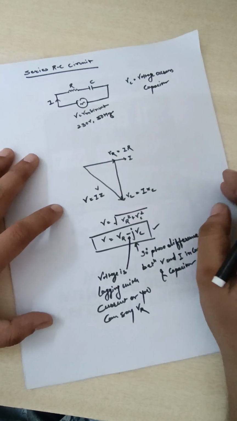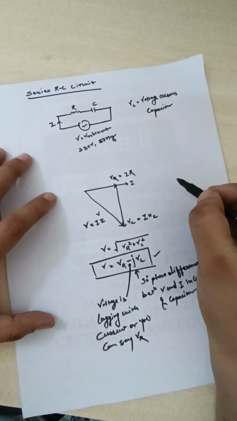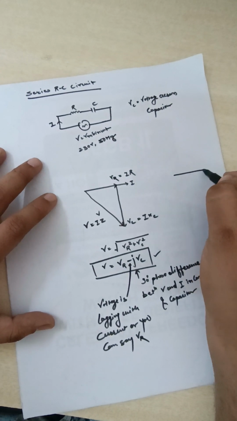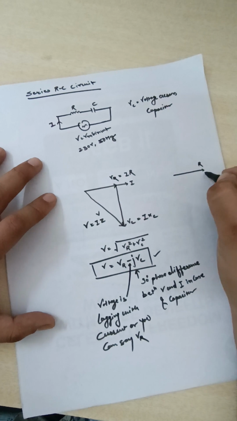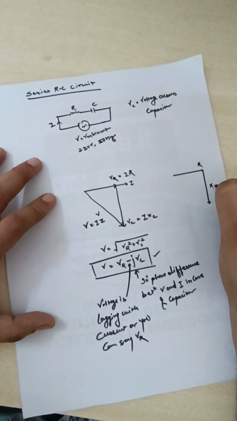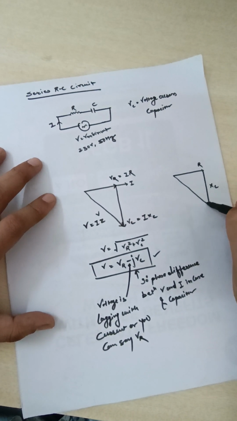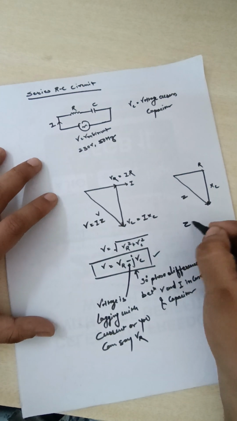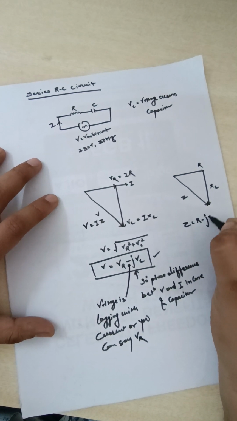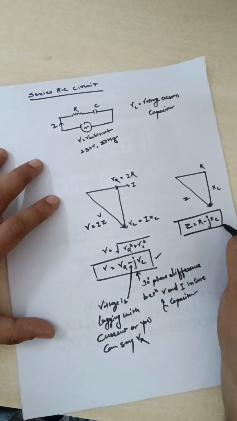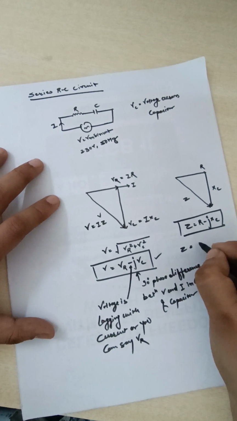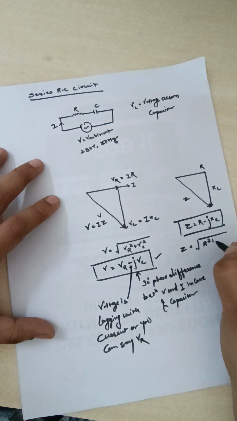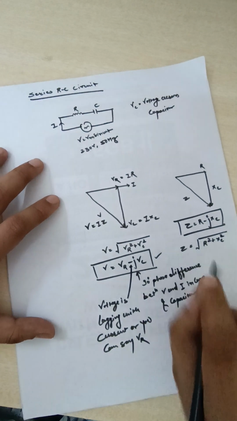From here we can draw the impedance triangle also. So the impedance triangle will be like this. This will be R and this will be XC, and here you can draw the impedance Z. So Z will be equal to R minus j XC. Clear? Or Z will be equal to the square root of R square plus XC square.